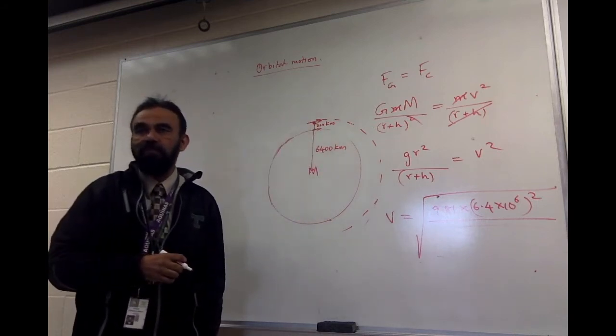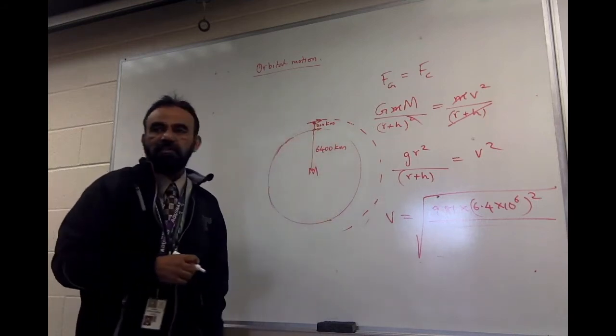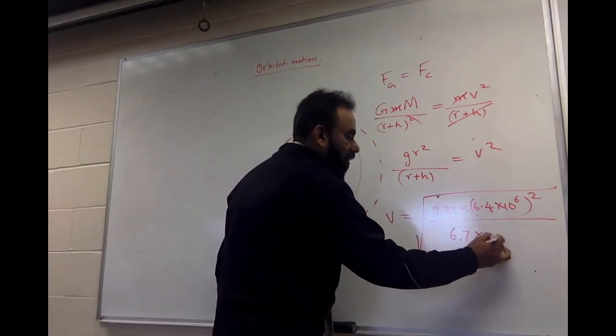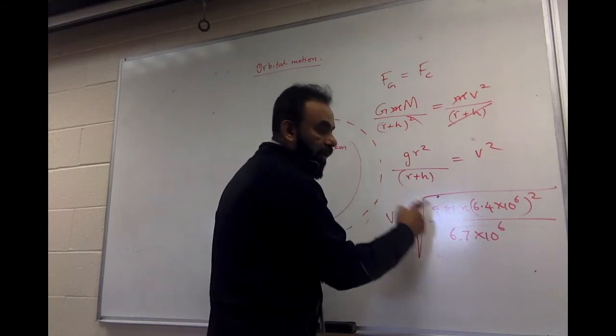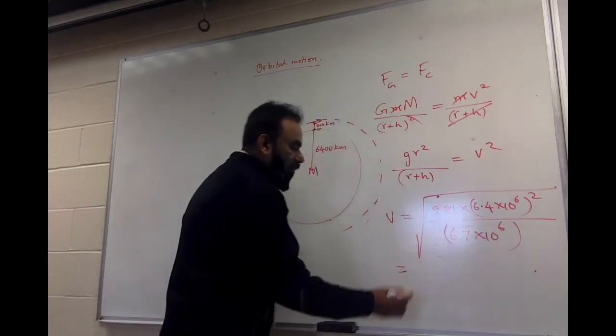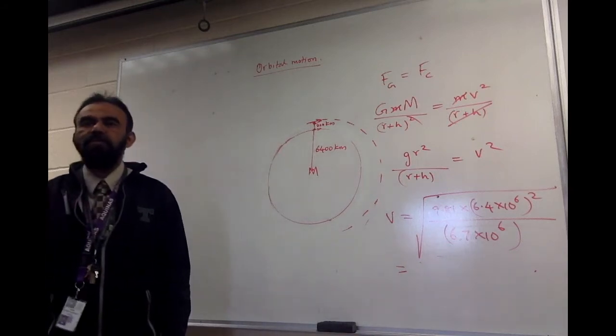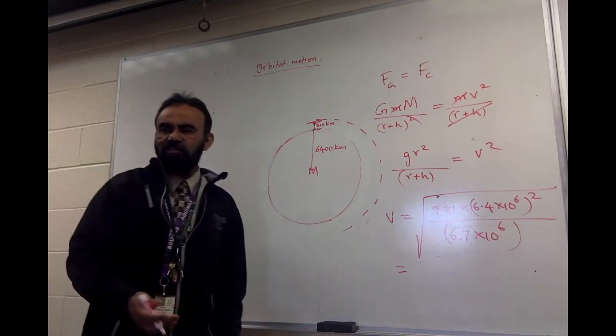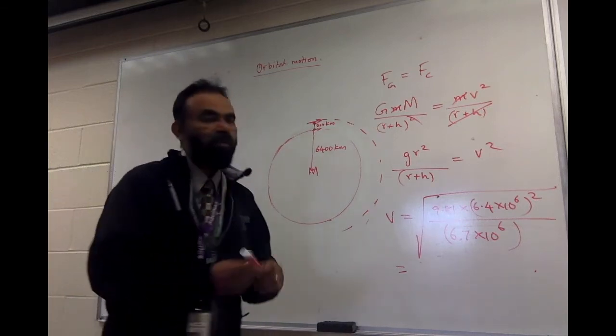So what's the total? 6,700 kilometers. So your total here is going to be 6.7 times 10 to the power 6. No squaring. So tell me how fast. It should be pretty close to the previous answer. You got 7.9 something. It should be very, very close to that. Tell me what answer you get.